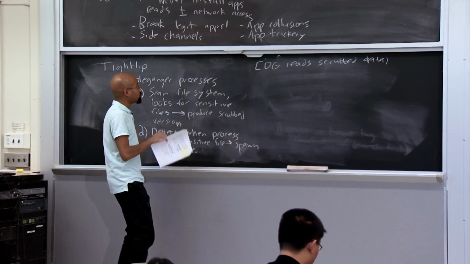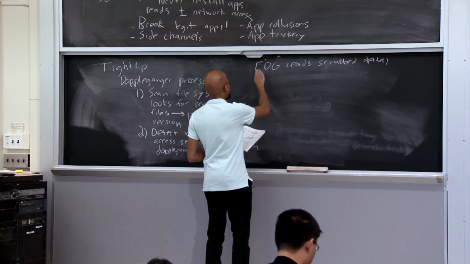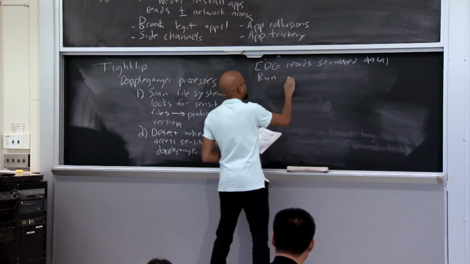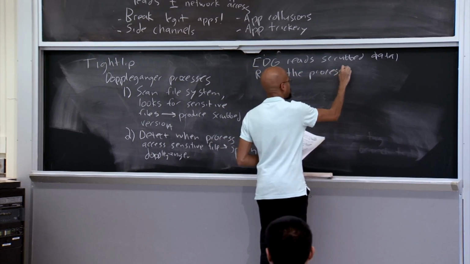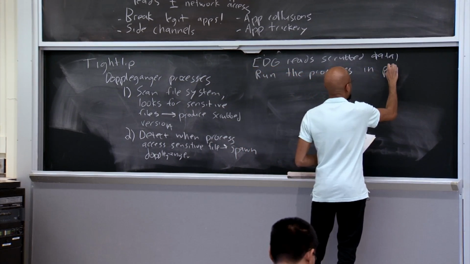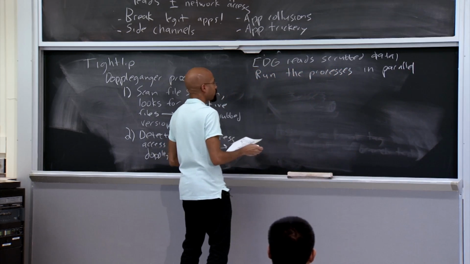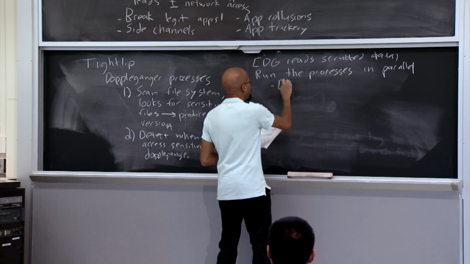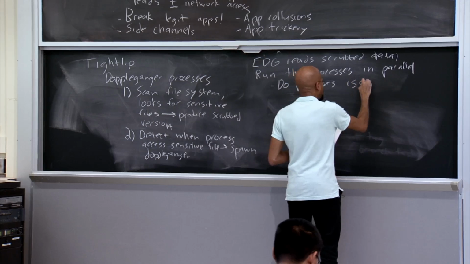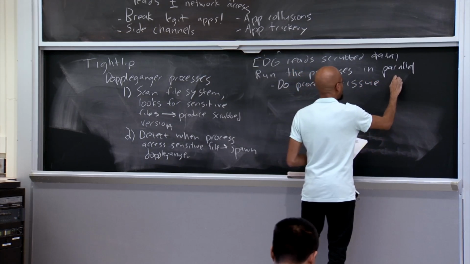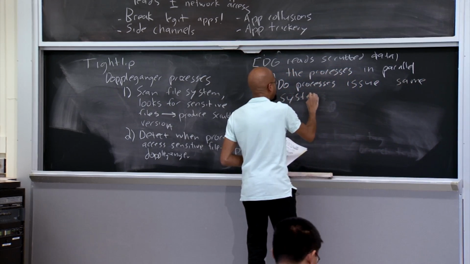Okay, so what happens then? Essentially, TightRope is going to run those two processes in parallel, and just watch them and see what they do. In particular, we're going to see whether the processes issue the same system calls with the same arguments.